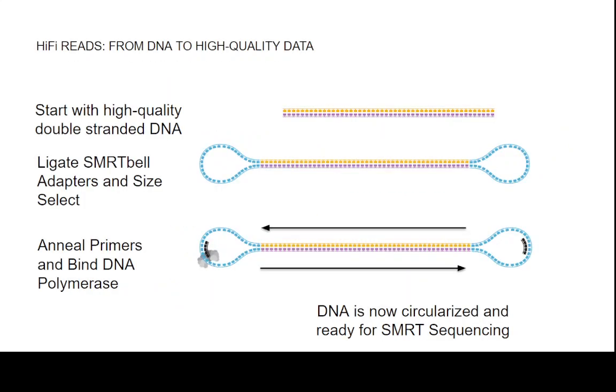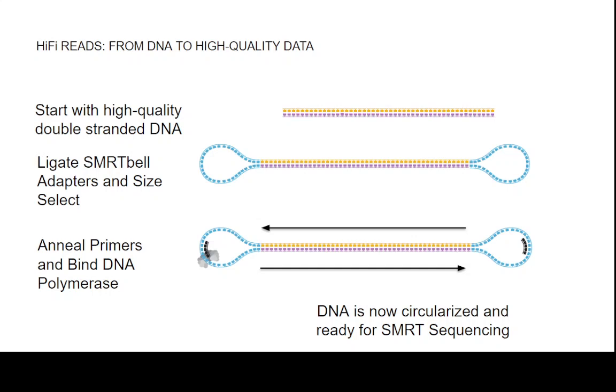So a little background on HiFi sequencing. Essentially you need high molecular weight DNA, which is easy to get for these cell lines. Then you ligate the adapters, which leads the primers to be annealed, and the DNA is polymerized.